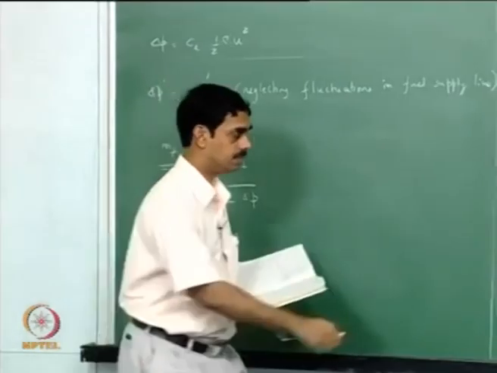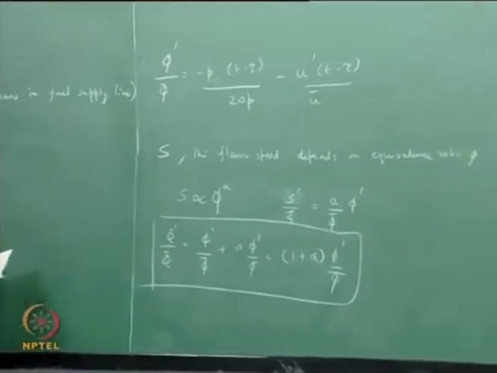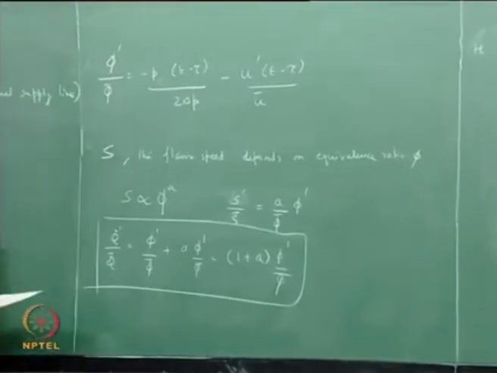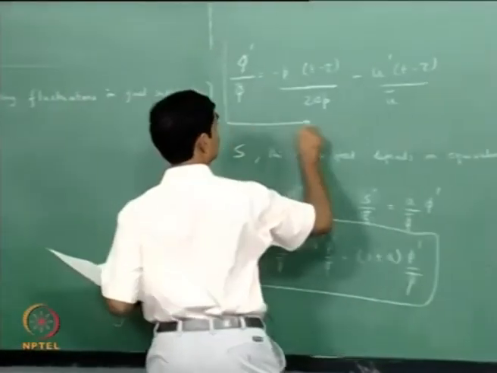So we know a relationship between heat release fluctuations and equivalence ratio fluctuations, and we know how equivalence ratio fluctuations depend on the acoustic fluctuations. We just derived this relation.